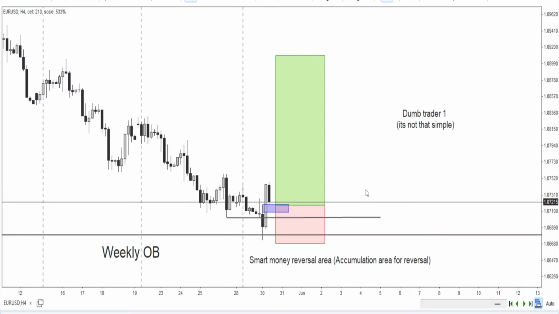So I zoomed into this 4-hour smart money area. This is how a novice or inexperienced trader might approach this trade. They recall a video where they learned that a weekly key level triggers a 4-hour candle expansion.